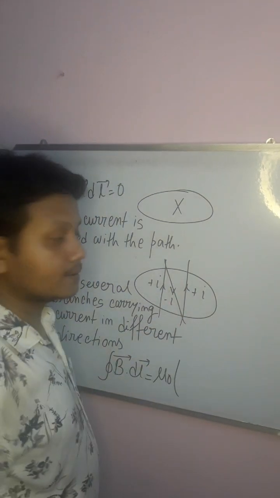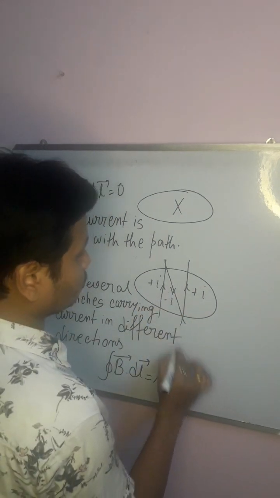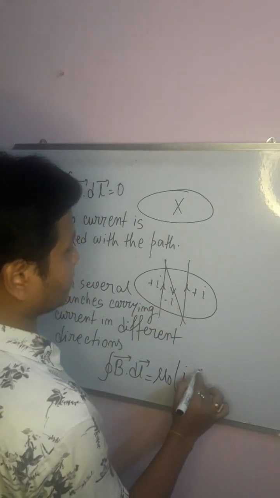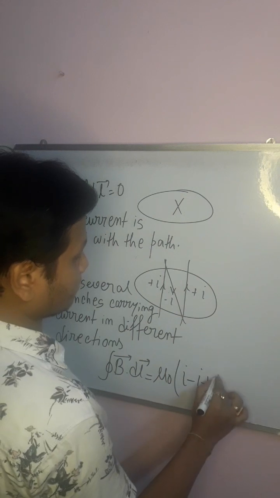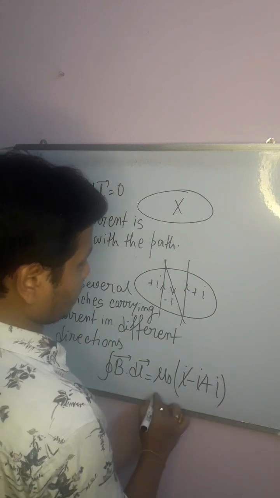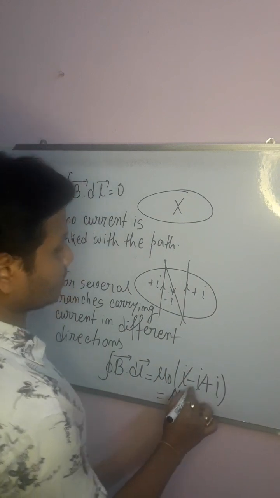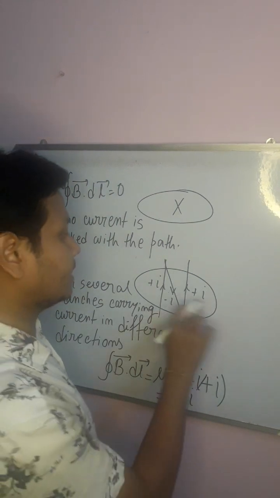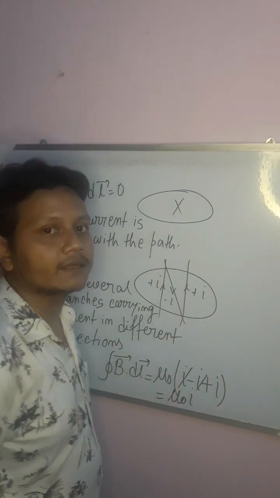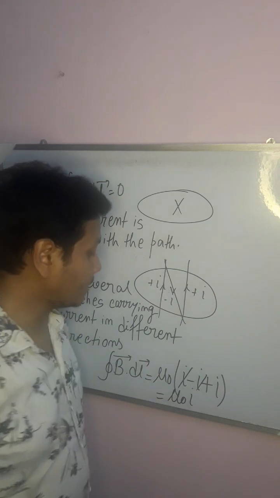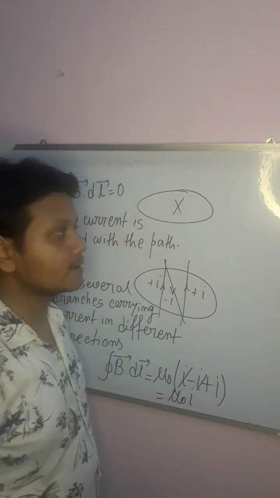If we take the upward current as plus I, we have to take the downward current as minus I, and this is also plus I. So the answer is mu naught I. So for several branches carrying current in different directions, we have to take the net sum of all the currents. Okay, so this is the case.